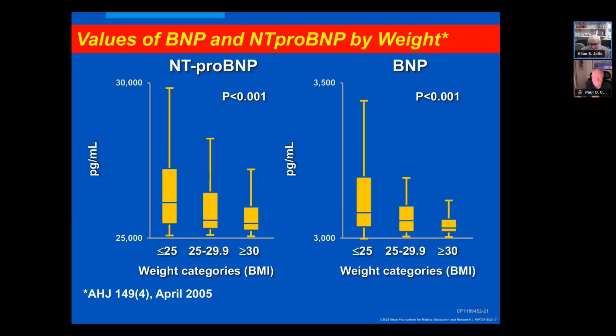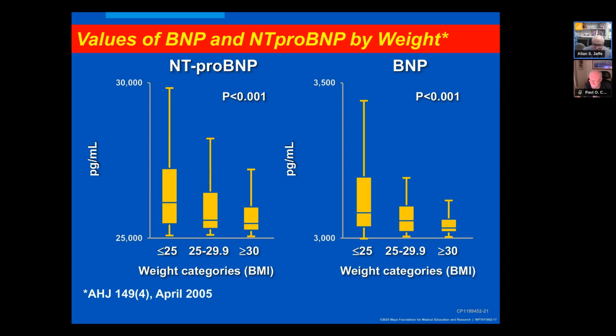This is thought to be due to two reasons. One is that there are clearance receptors in adipose tissue for natriuretic peptides. But in addition, it's thought that adipose tissue is associated with a deficiency in the stimulation of natriuretic peptides.